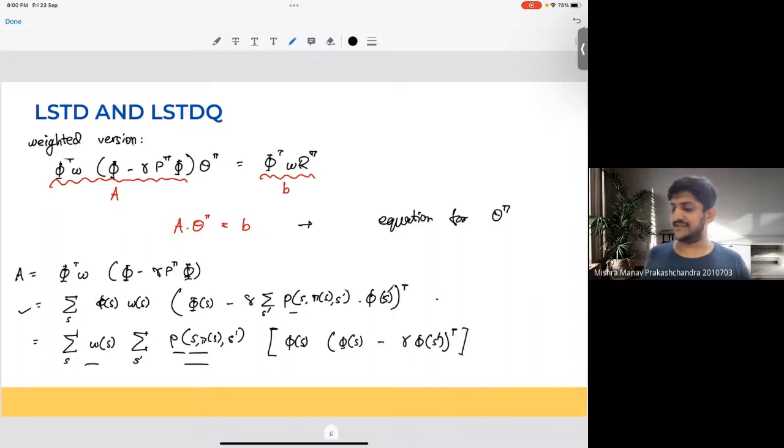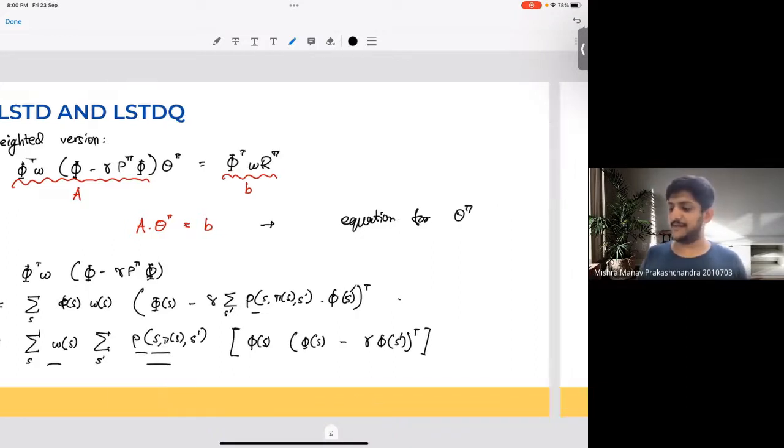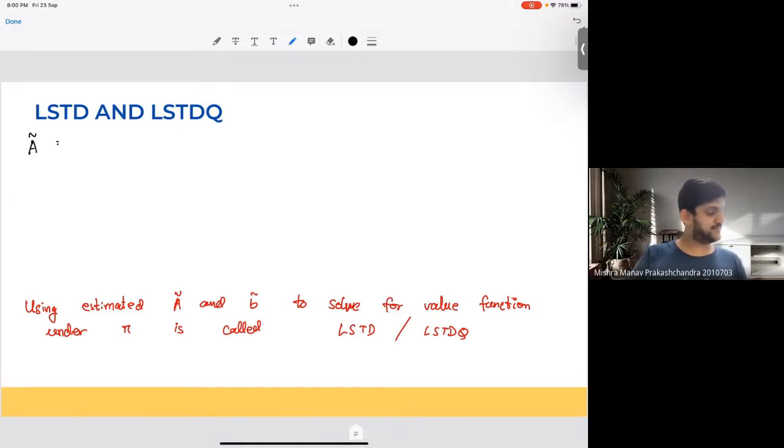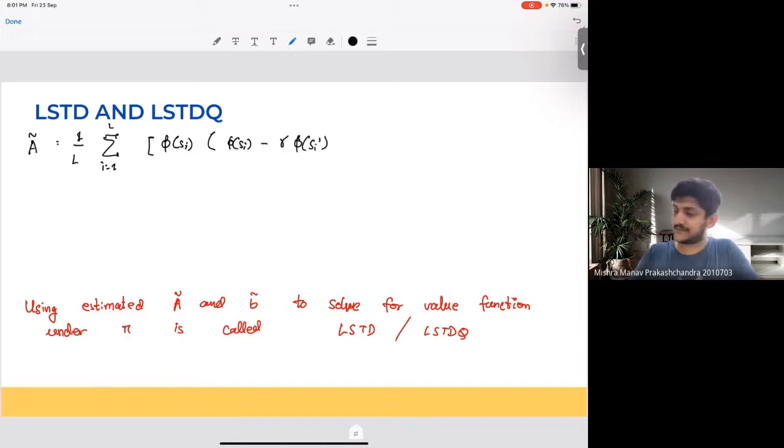So it turns out that since I have this quantity, I can estimate my A tilde. If I draw L samples, I can easily estimate my A tilde as the sum over i from 1 to L of phi of Si times phi of Si minus the whole transpose of this thing.